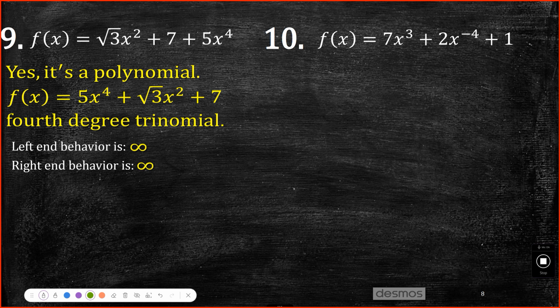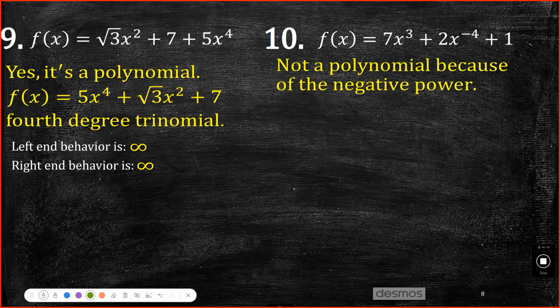Yes. And the answer is no. Why is it a no? You cannot have a negative power. It has to go from high power to low power all the way to 0. So once you get a negative power, it's not a polynomial. Not a polynomial because of the negative power.